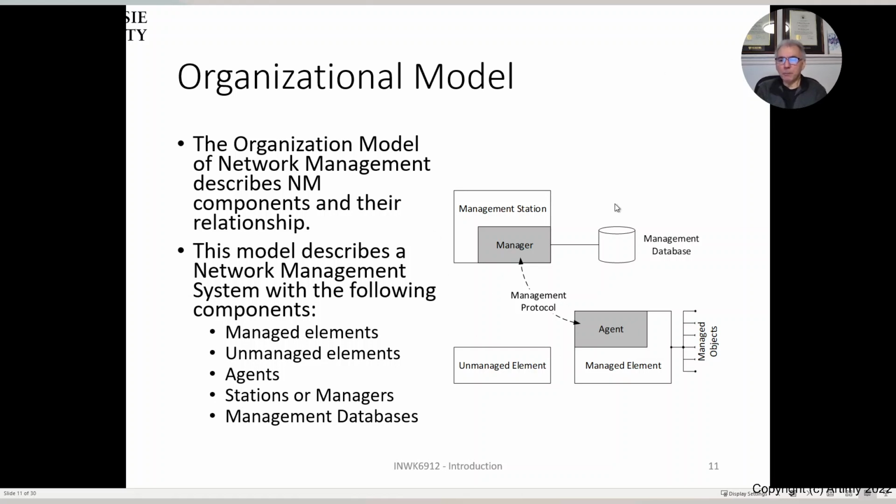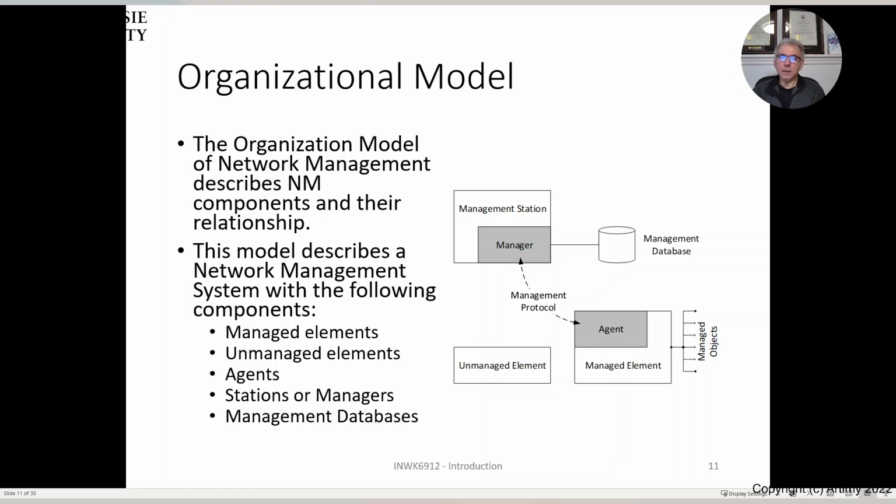Okay, to complete the picture, we have something called unmanaged element, right? So in the organizational model, since we defined everything, we also need to define the devices that cannot be managed. And in this case, what are the devices that cannot be managed?